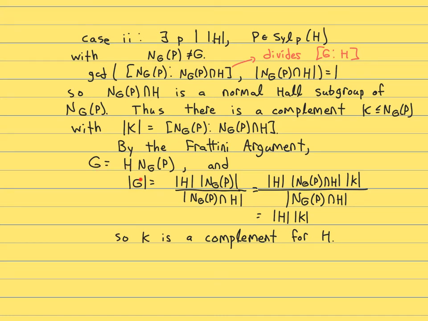Now let's compute the order of G. Well, it's equal to the order of H times the order of the normalizer divided by the order of the intersection. Because we found this complementary subgroup, we can replace the order of this normalizer with the order of this intersection times the order of K, because we're replacing this with this times that.